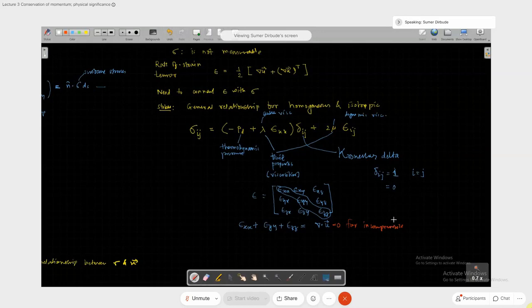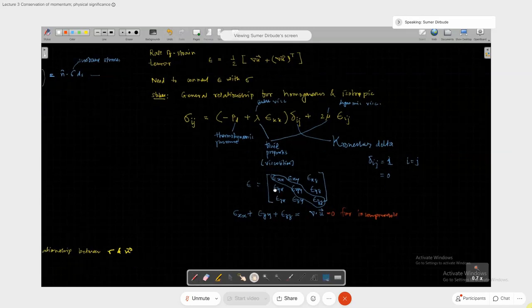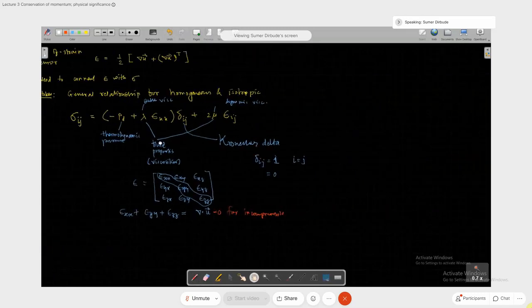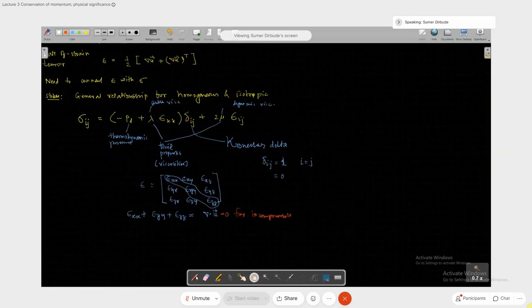People were trying to figure out how we can convert this sigma. Now sigma is also a tensor, so sigma can also be like sigma xx, sigma xy, sigma xz.